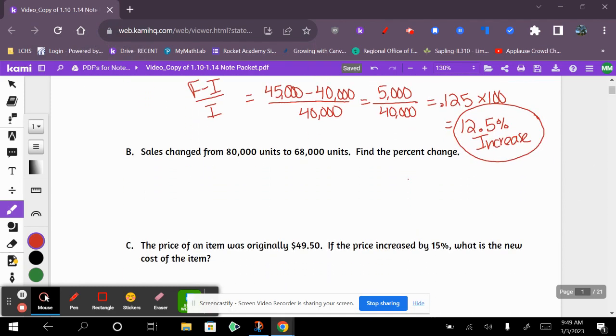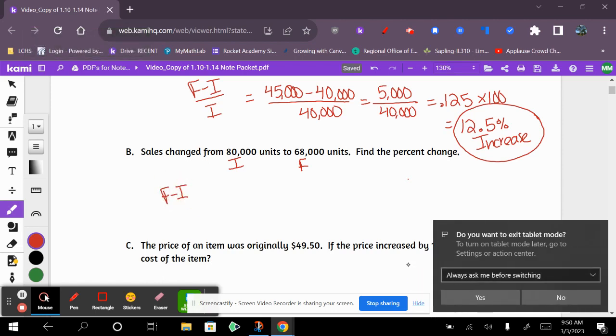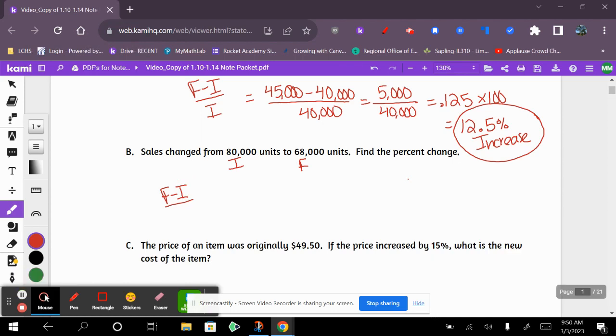For part B, it says sales changed from 80,000 to 68,000. Find the percent change. So our initial amount for this one is 80,000 and our final amount for this one is 68,000. So I'm going to use my final minus my initial divided by my initial. So this will be 68,000 minus 80,000 divided by, always use the initial amount, 80,000.